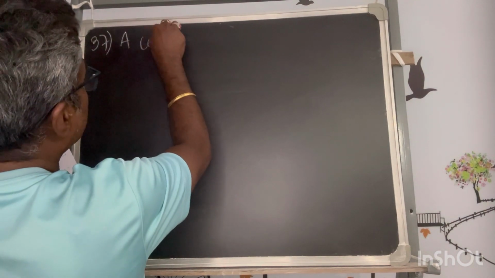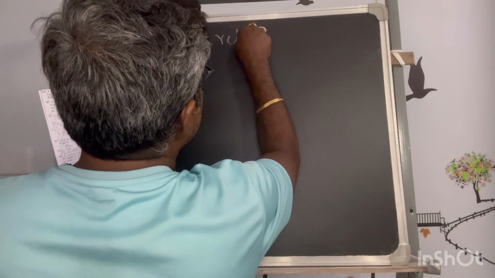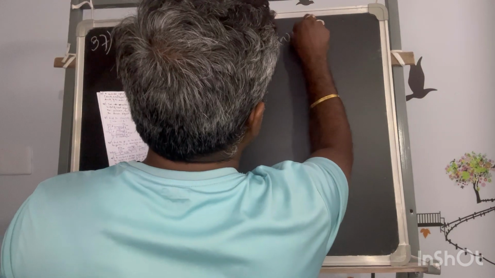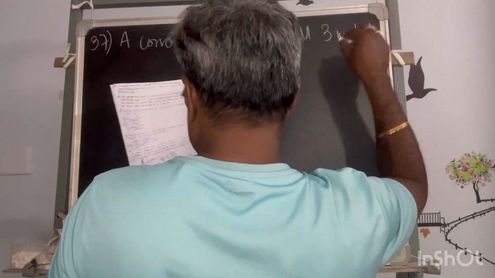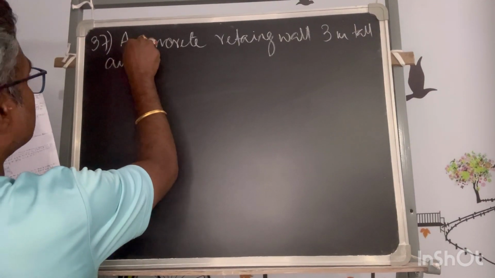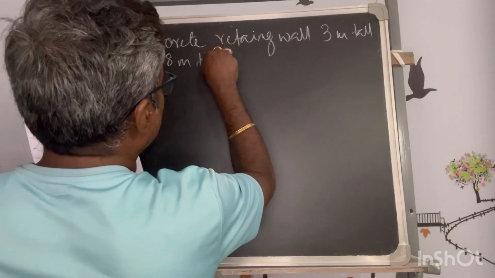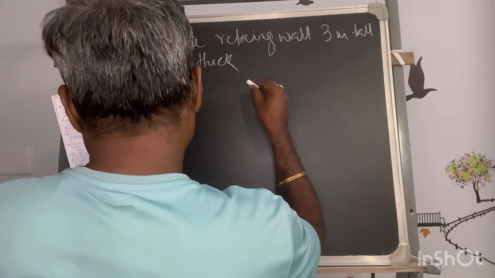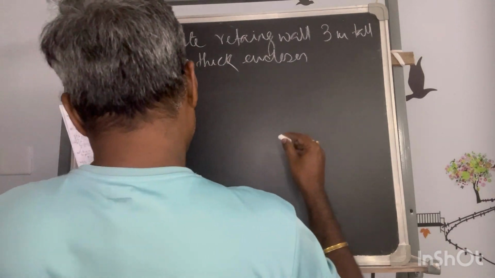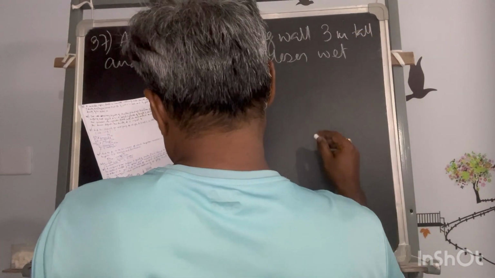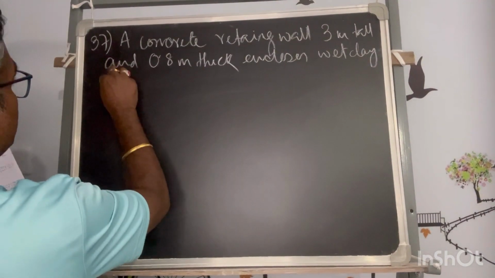A concrete retaining wall, 3 meter tall and 0.8 meter thick, encloses wet clay mud.